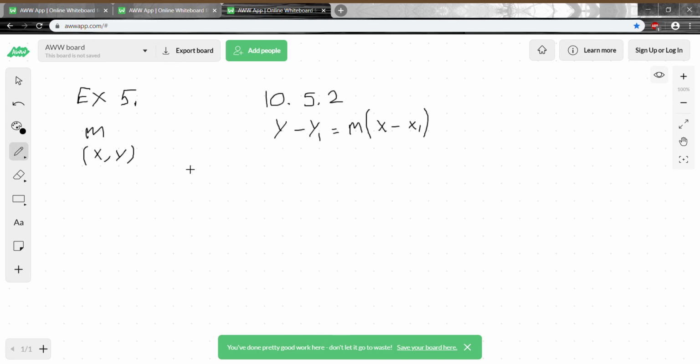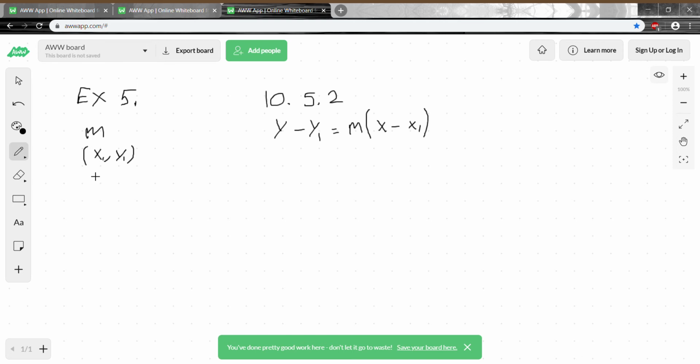So, with this equation, in the problem you will be given y1, you will be given m, and you'll be given x1, because x1 and y1 are the point that you're given, m is the slope.